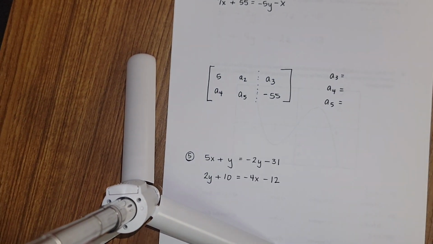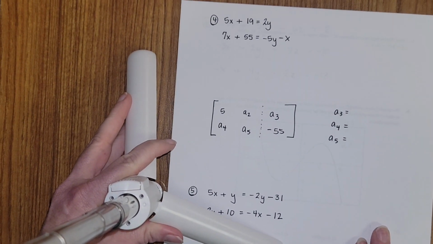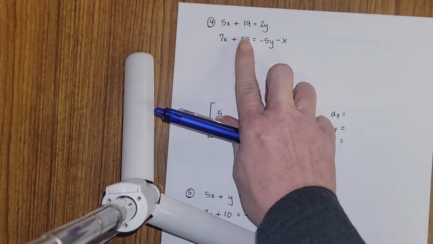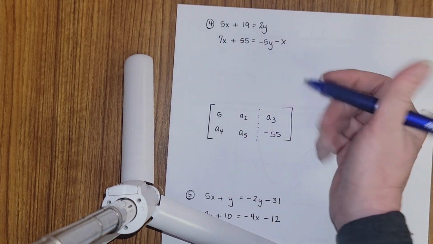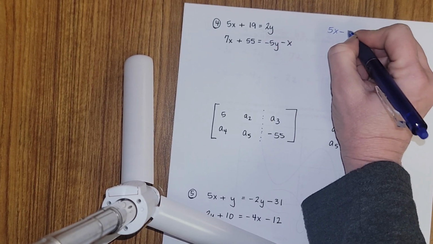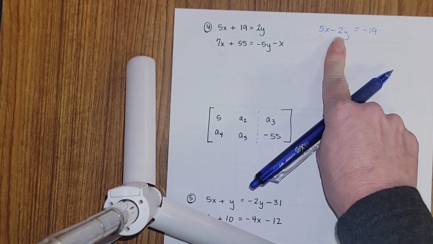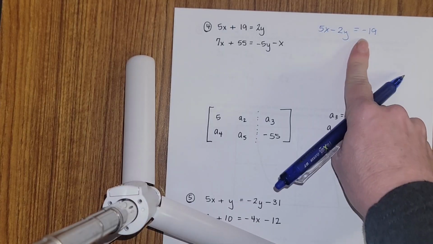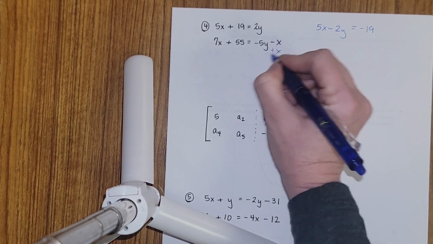All right, number 4, we're setting up an augmented matrix. So the first thing I need to do is get this in x, y equals order. So I'm going to rearrange this. So 5x minus 2y equals -19. So it goes x, y equals. And so this one, I'm going to add x.